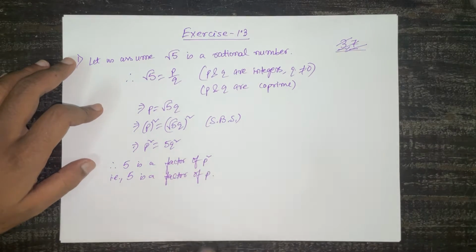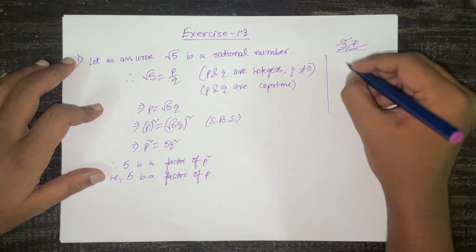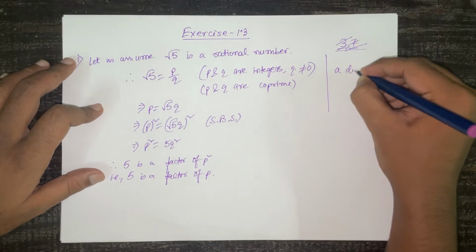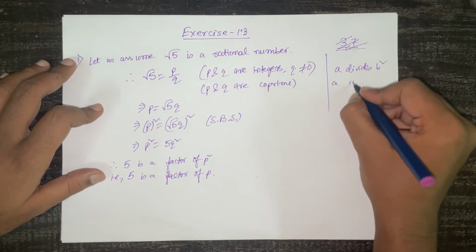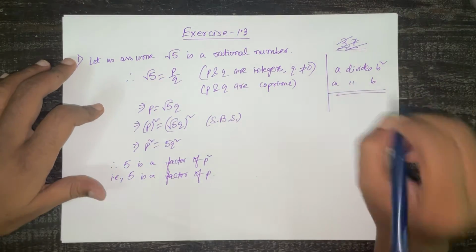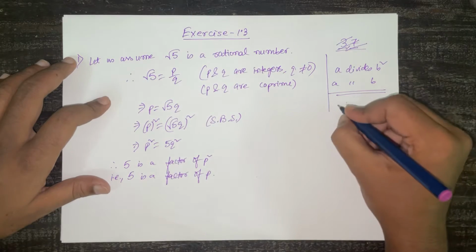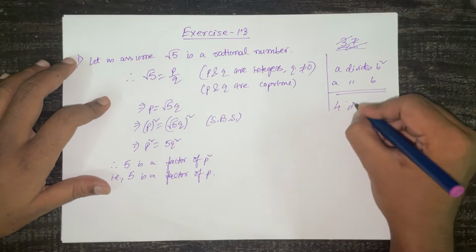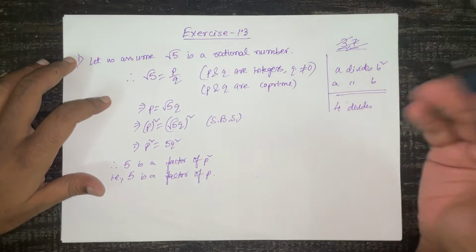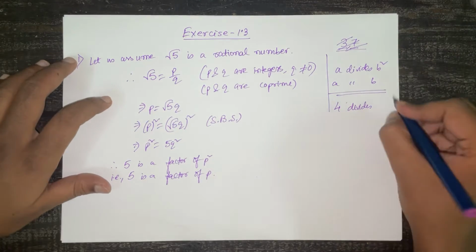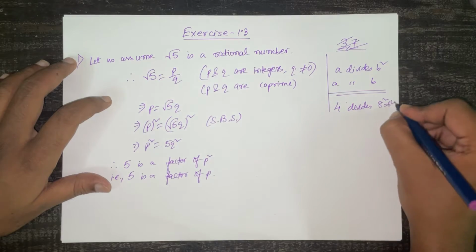Now this is actually a theorem. This theorem states that if a divides b square, then a also divides b. Remember this. For example, let us take one simple example. Suppose 4 divides, meaning is a factor. It will completely divide. The remainder will be 0. So suppose 4 divides 8 square. 8 square is 64, right?